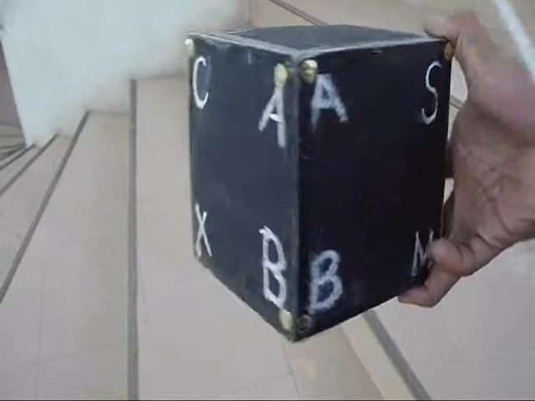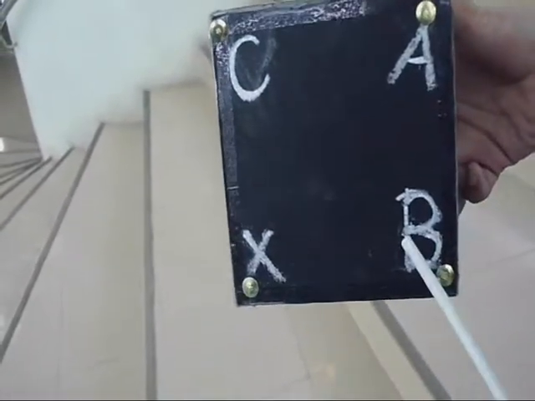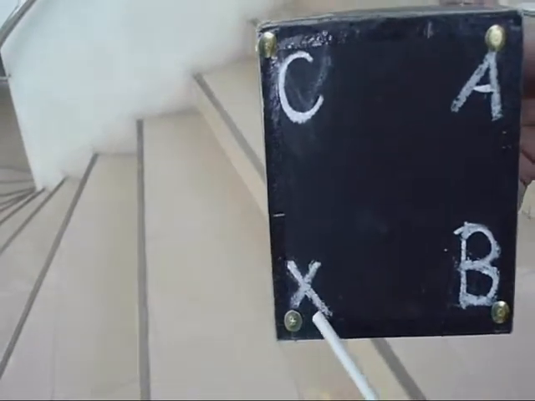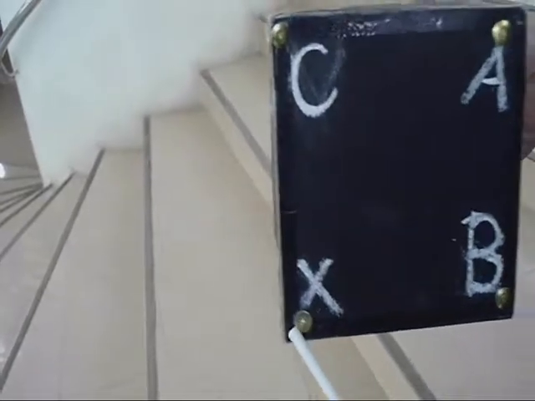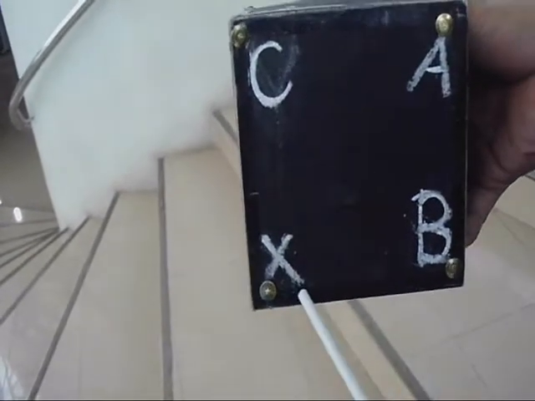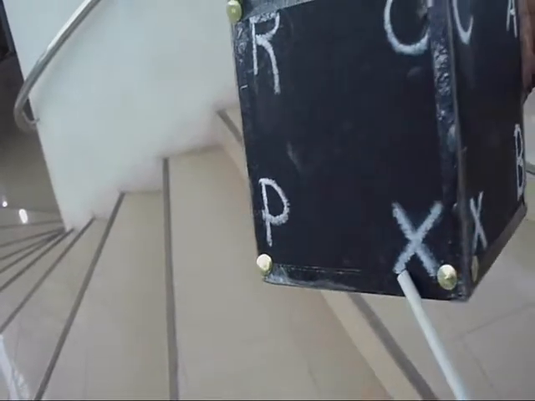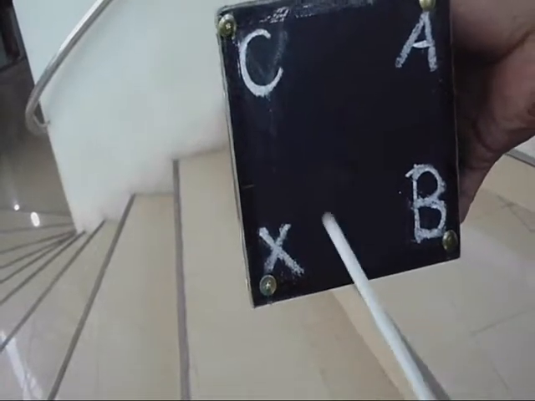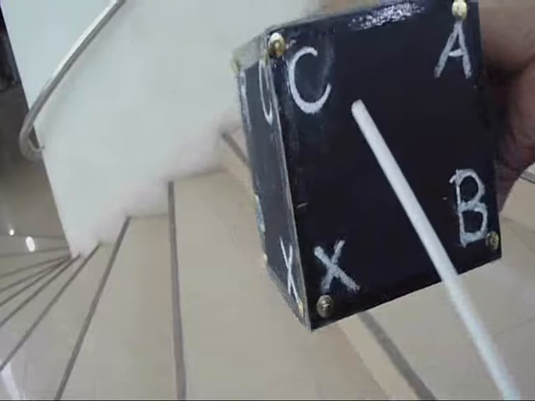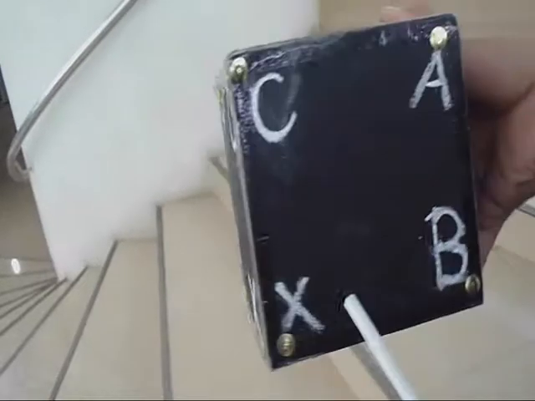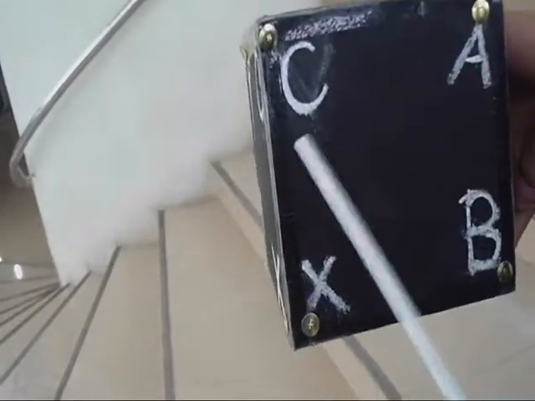Inside a cube, we have a plane CXB, and line CX intersects XB at point X. Another line PX passes through the point of intersection between CX and XB, and PX is perpendicular to XB and XC. If we have a line perpendicular to the point of intersection of two intersecting lines, this line is also perpendicular to the plane CXB.